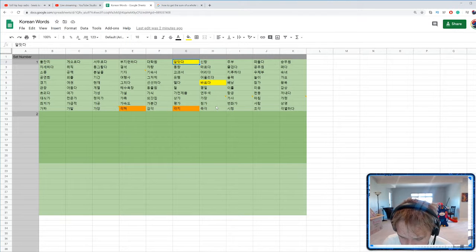Whether yes or no. 가부간. 가부간. Uh-oh, I lost some words. Degree of acceleration. 가속도. Evaluation, 평가. Adding, addition, 첨가.